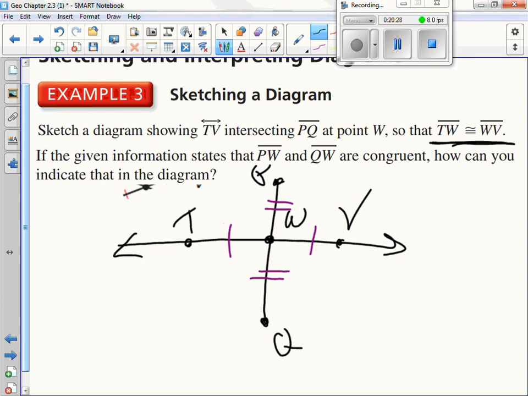Any that have 1 mark are congruent to each other. Any that have 2 are congruent to each other. So 3, 4, 5 going on up. That way I can use these marks multiple times to show that different things are congruent to each other in the same figure.